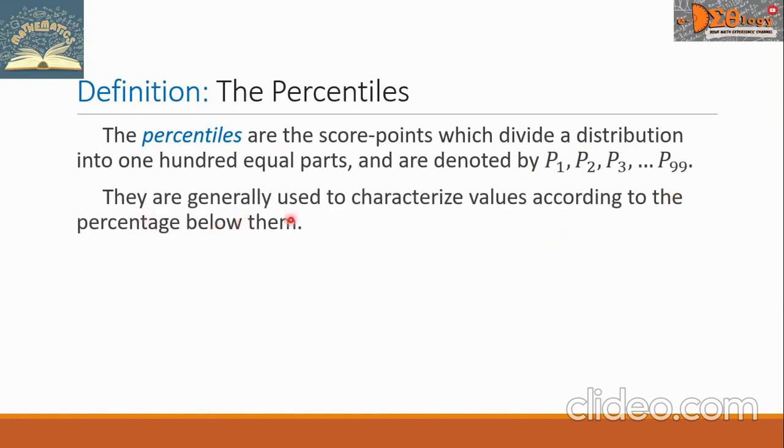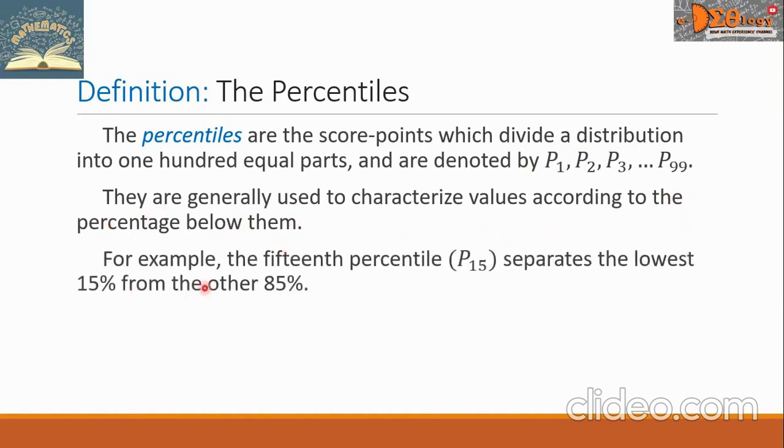They are generally used to characterize values according to the percentage below them. For example, the 15th percentile, denoted by P sub 15, separates the lowest 15% from the other 85%.